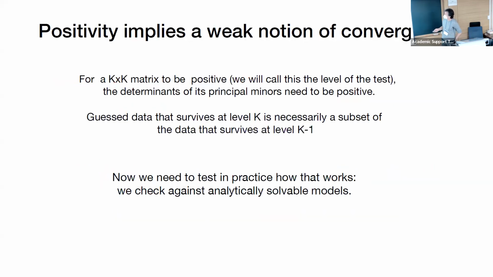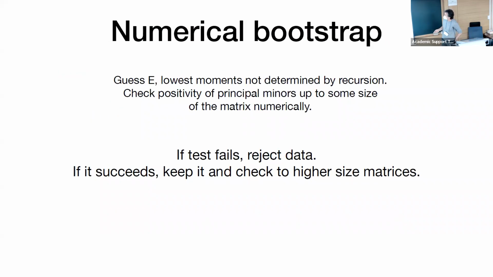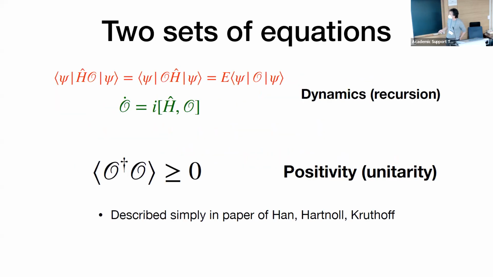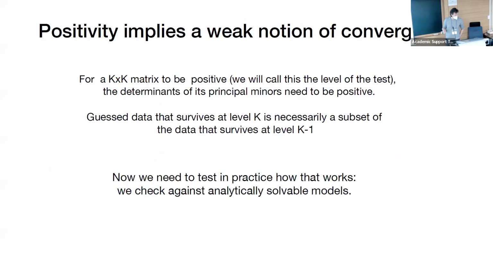And this positivity is the thing that shows up in this M matrix. So this M matrix is the one that needs to be positive. That's the one that's basically showing up in this O dagger O greater than or equal to 0. That's what that positivity matrix is.